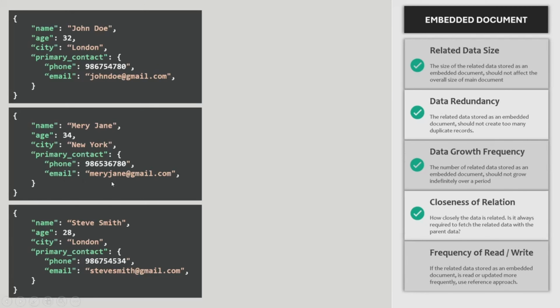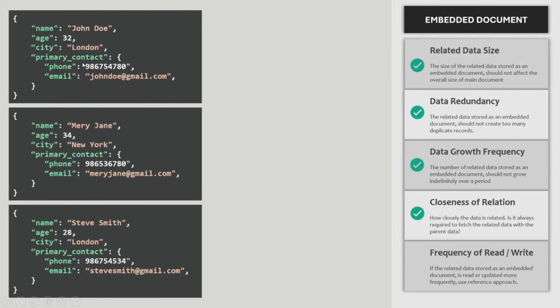And finally, we also need to check how frequently the related data is going to be read and written. Remember that if the related data is going to be read or written quite frequently, then it's always a good practice to go with reference approach. Now here in this example, this primary contact, which is storing an embedded document, is not going to be read independently.